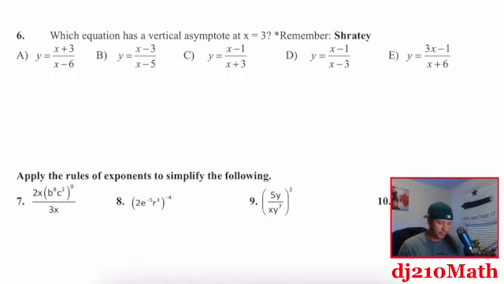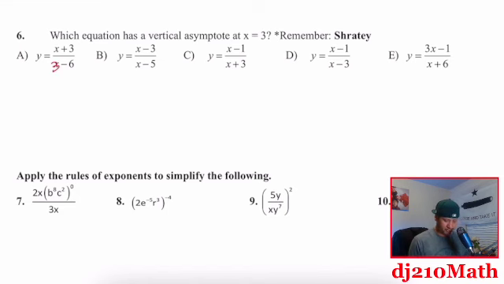Number 6. Which equation has a vertical asymptote at x equals 3? Okay, so vertical asymptotes happen when the denominator is equal to 0. So when we plug in x equals 3 into the denominator, we get 0. That's our answer.